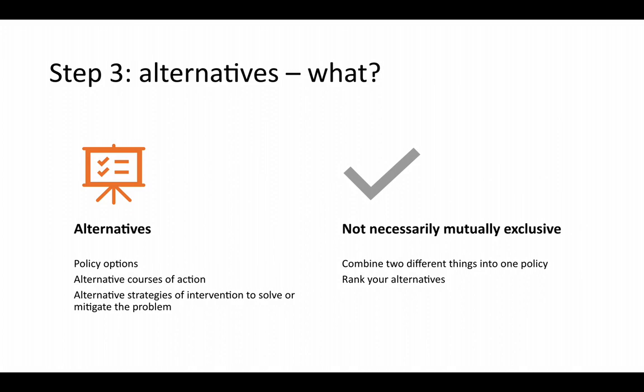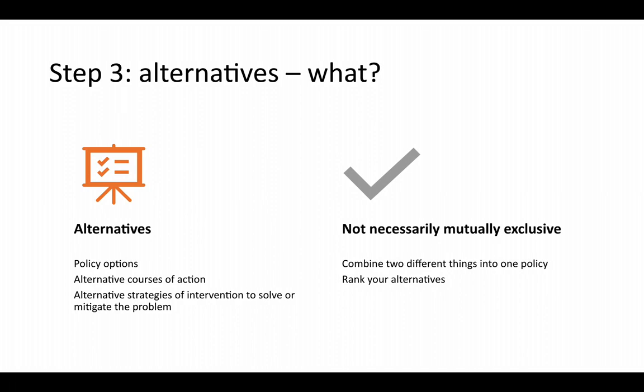All right, so what really is an alternative? Alternatives basically means the problem can be solved by different solutions. So in policy analysis, you have different kinds of policy options.